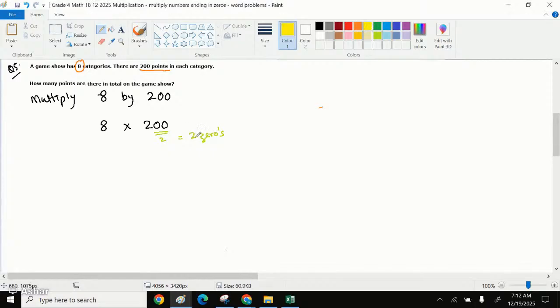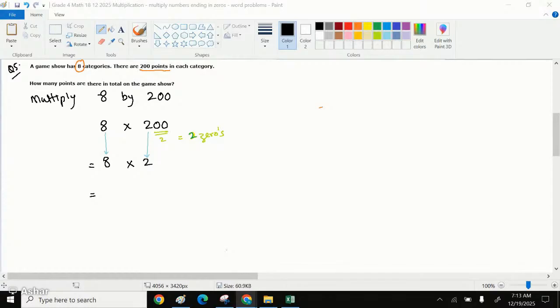What we can do is 8 multiplied by 2. Can anyone help me out? What is 8 multiplied by 2? Yes, the final answer is 1600, but 8 multiplied by 2 would be 16.